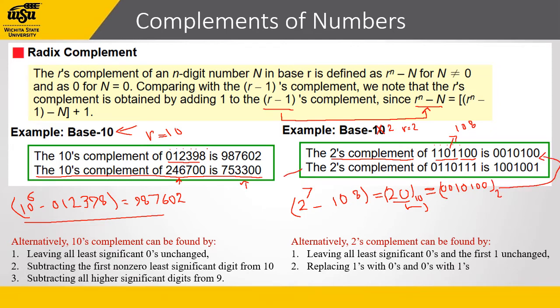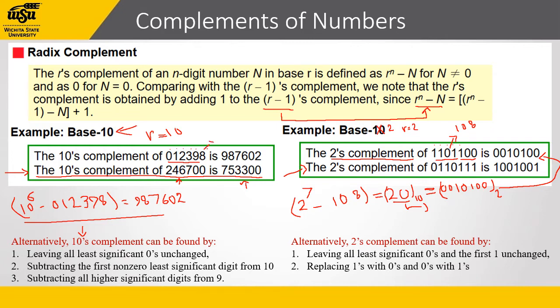You can follow the same steps to find the answer for the second example, but there is another alternative way which you can use to find the base 10 or base 2 R complements. So let's solve the second part of the base 10 example using this alternative way. Leave all least significant zeros unchanged.